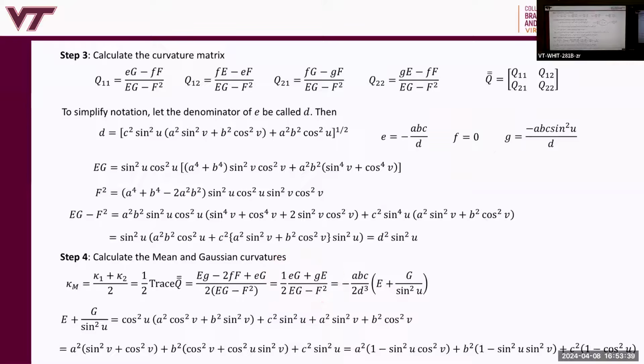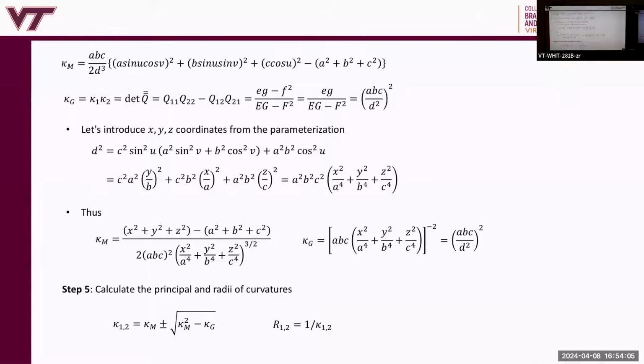Then we know what EG minus F squared is, and what little e and capital G and all these numerators are. If you substitute those in, you get this expression. But we still need to calculate this quantity, which is given by this calculation. At the end, you get this expression here.